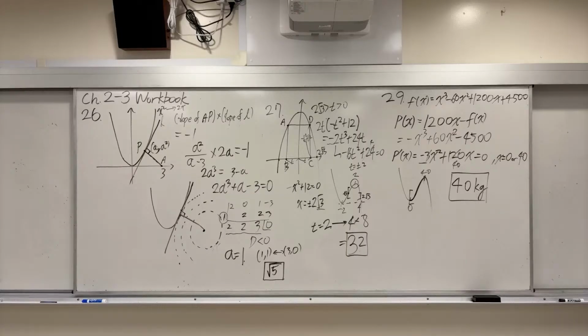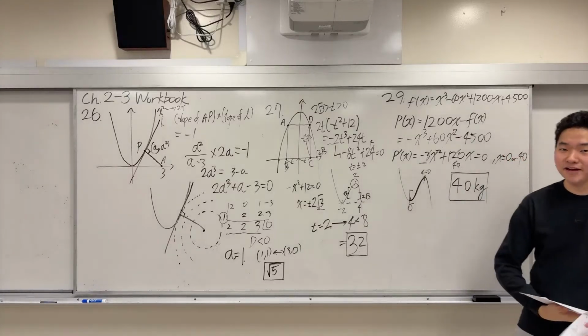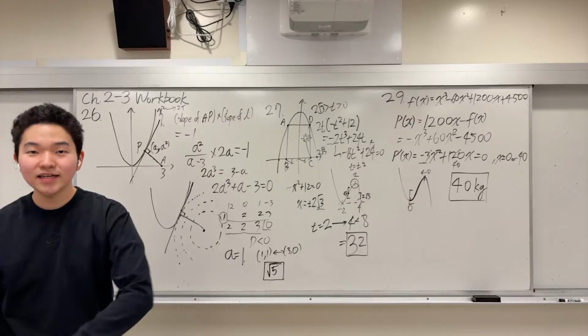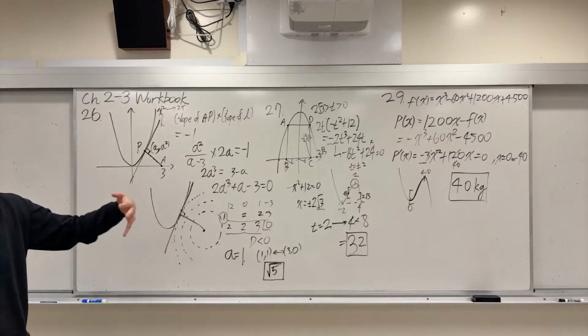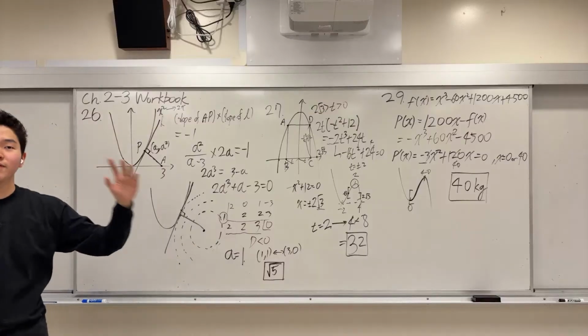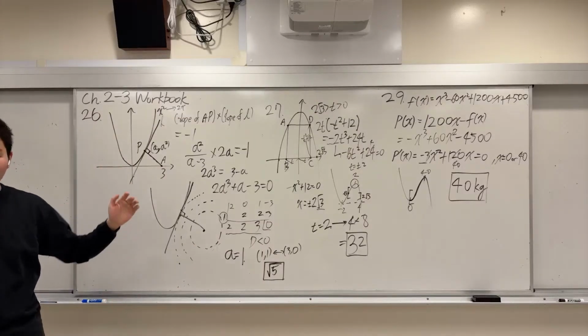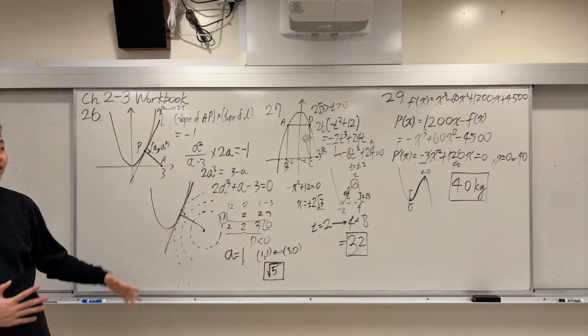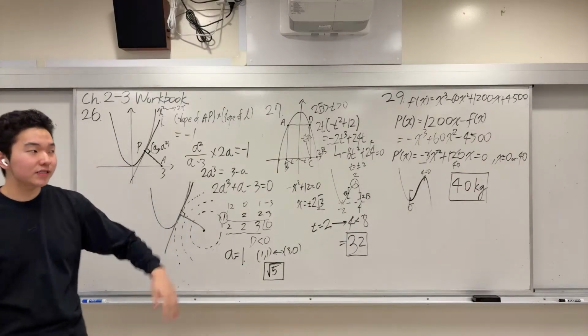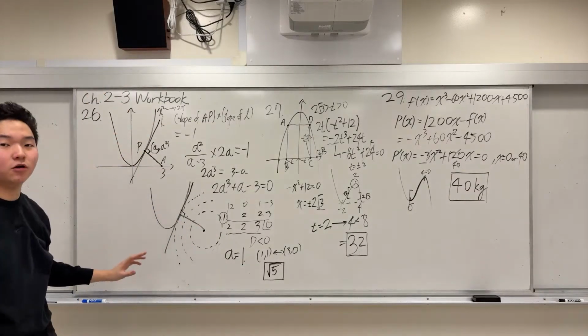All right, and with that, we have completed chapter 2-3. So it was a lot of content, yeah. At the very beginning, we defined what an increasing and a decreasing function was. We defined local maximum and minimum. We related the derivative to everything. We studied the shapes of cubic and quartic functions and how those shapes are related to their derivatives.